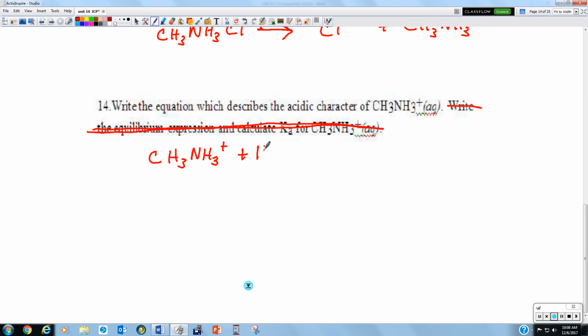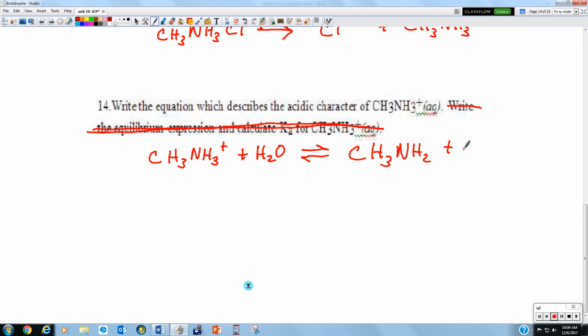So adding it to water, H2O. We know it's weak, so it's going to be an equilibrium. This is positive, so it's probably going to do what to that extra hydrogen? It's probably going to lose it, so we're going to go CH3NH2, and now that goes from being positive to 0.